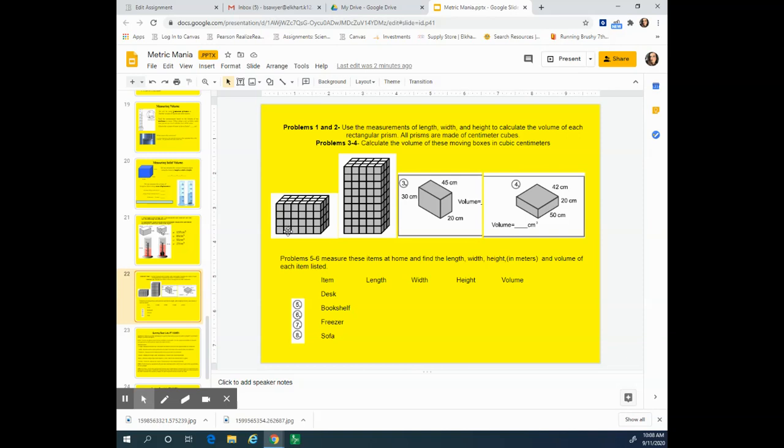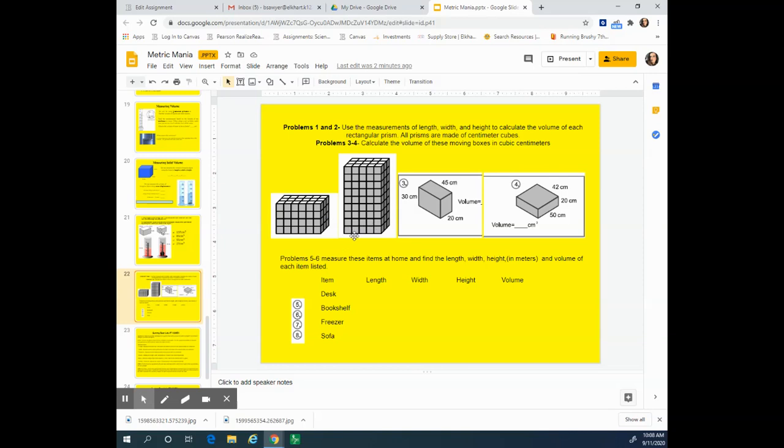So we have 1, 2, 3, 4, 5, 6 cubes long times 1, 2, 3 wide times 1, 2, 3, 4 high. So 6 times 3 times 4 gives us our volume for that one.